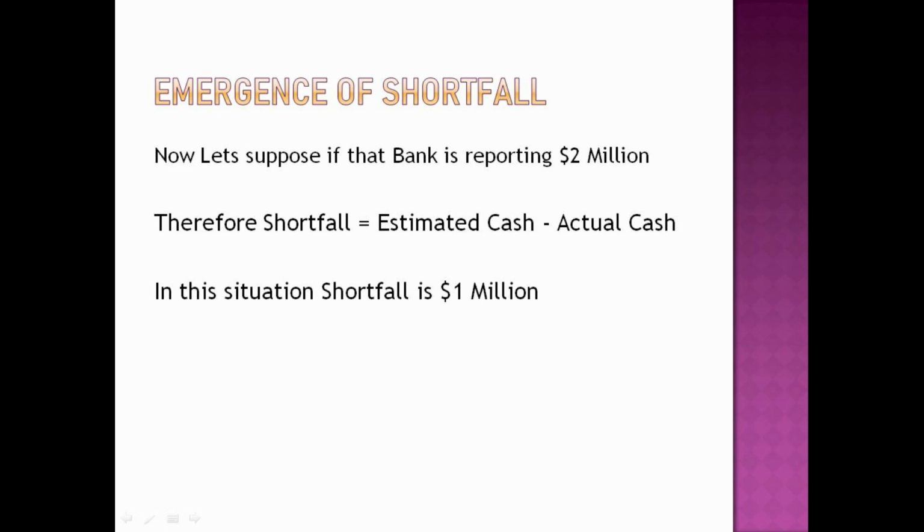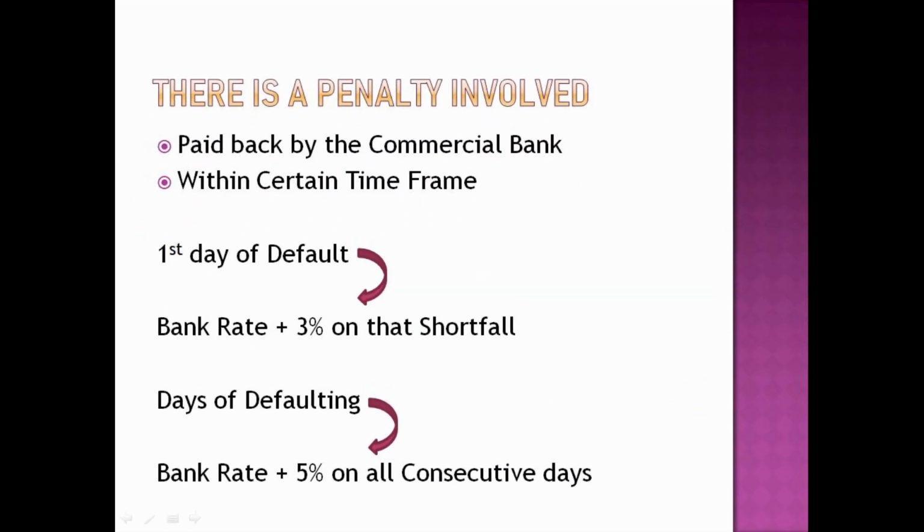Now, let's suppose that bank is reporting 2 million on the sheet. That's 1 million of shortfall. Now there's a penalty involved which has to be paid by the bank. On the first day of default, the bank has to pay 4.65%, which is the bank rate, plus 3% on that shortfall.